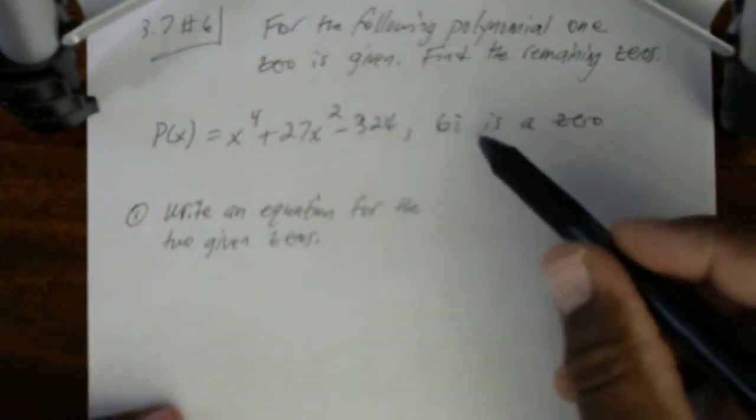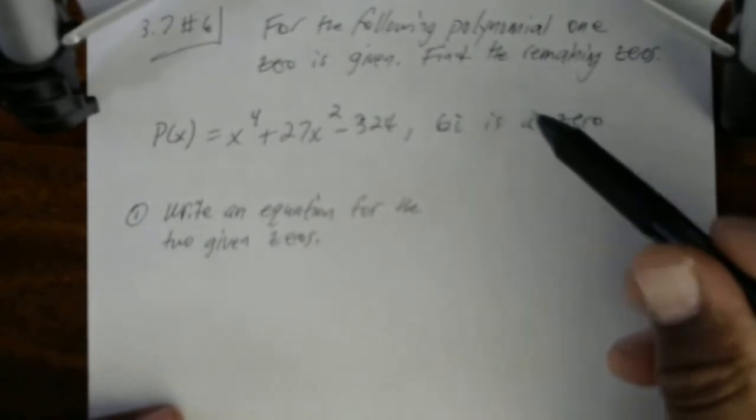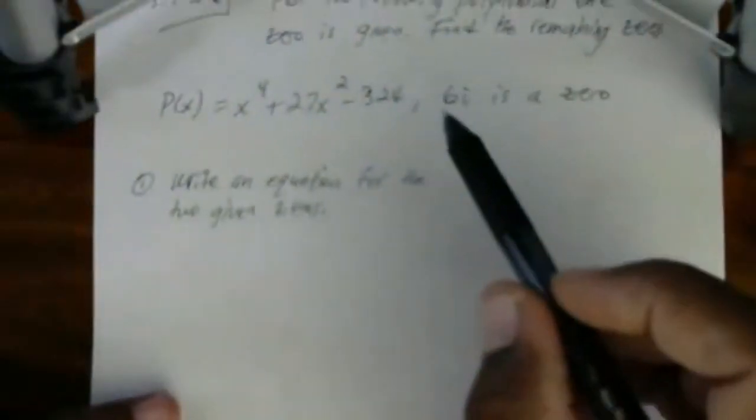Even though they gave us one, 6i, it has a conjugate, negative 6i.